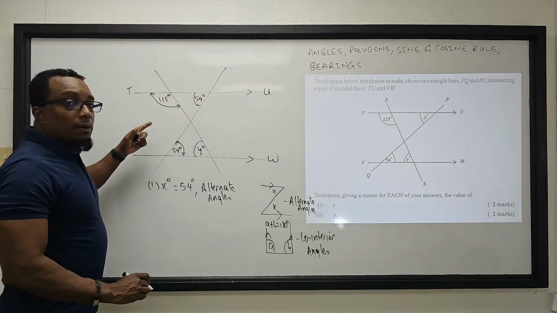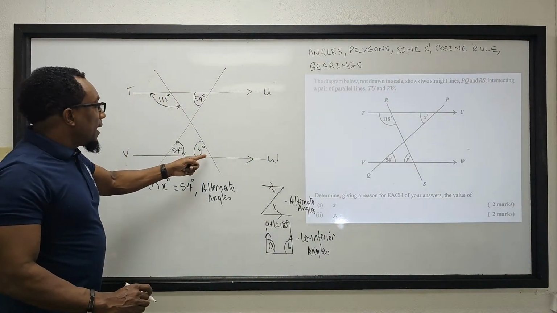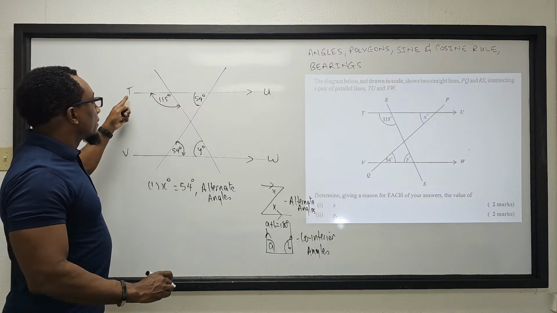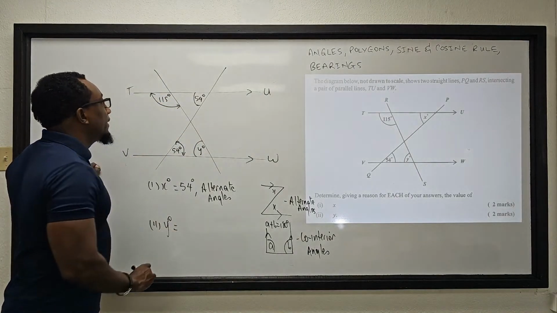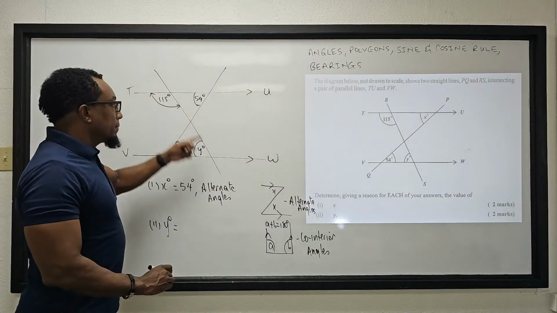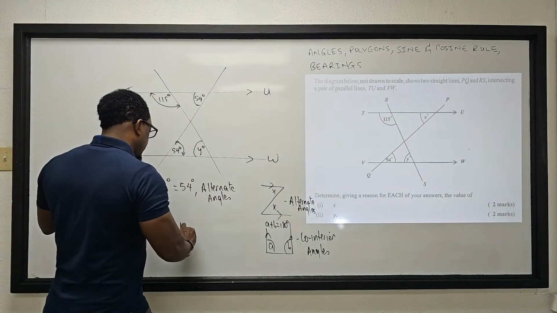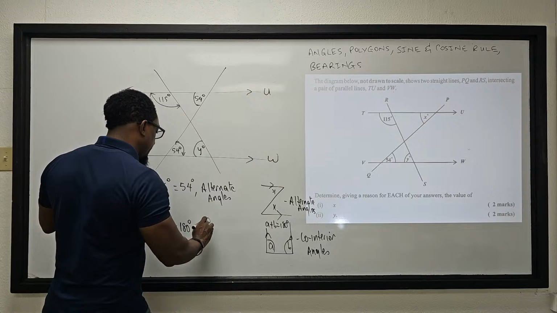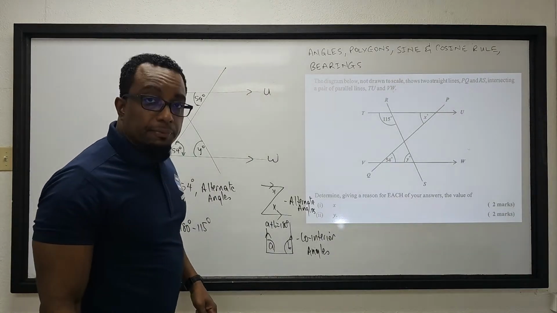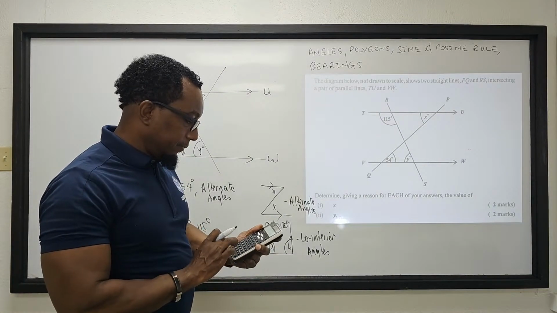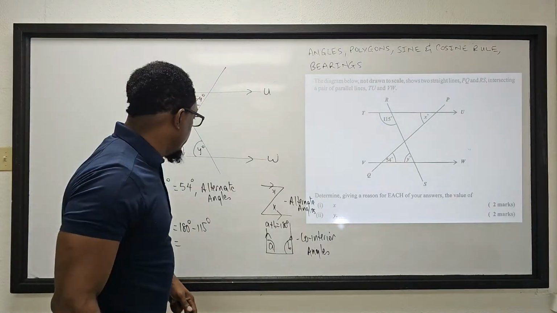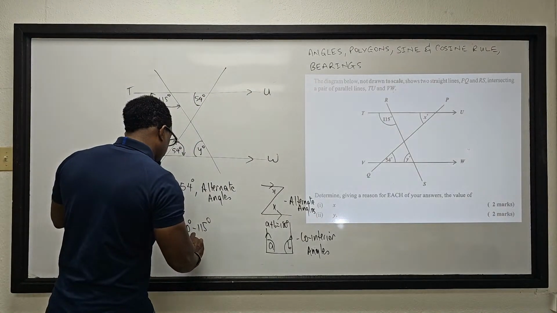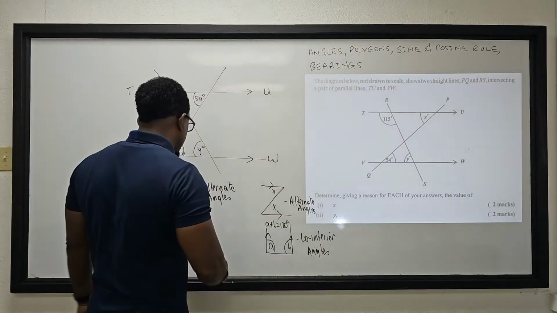So look at the box shape here, co-interior. See the box shape here? So therefore, angle y degrees will simply be, because of the box shape co-interior, 180 subtract 115, and 115 from 180 will give us 65 degrees. And the reason is co-interior angles.